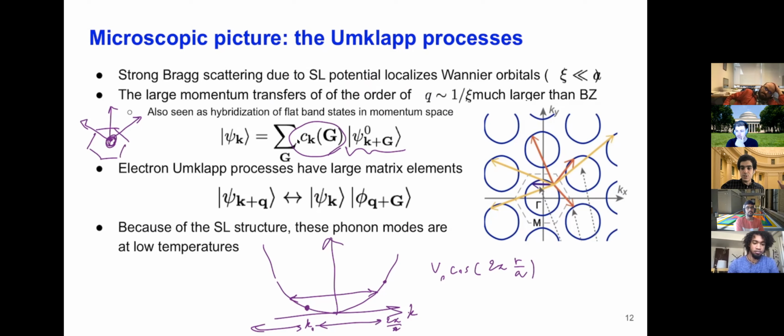This is the same thing as saying, in the toy model, that the Wannier orbitals are very localized in real space. So this is the connection between having flat bands, on the one hand, having localized Wannier orbitals, and on the other hand, delocalized Bloch states. I'm running out of time, and this is not okay.